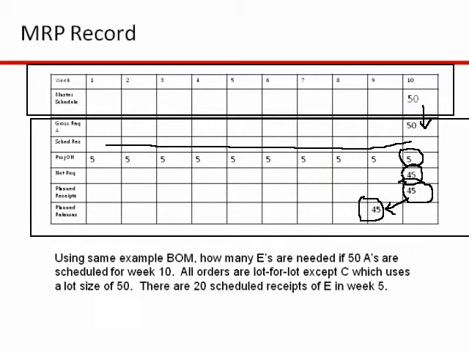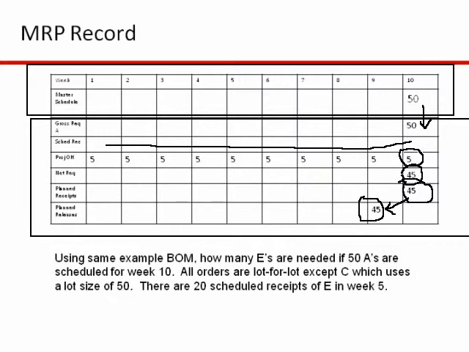All right? So this particular example is asking how many E's are needed if 50 A's are scheduled. We'll just work through this example. Okay, so remember E was on level 2.